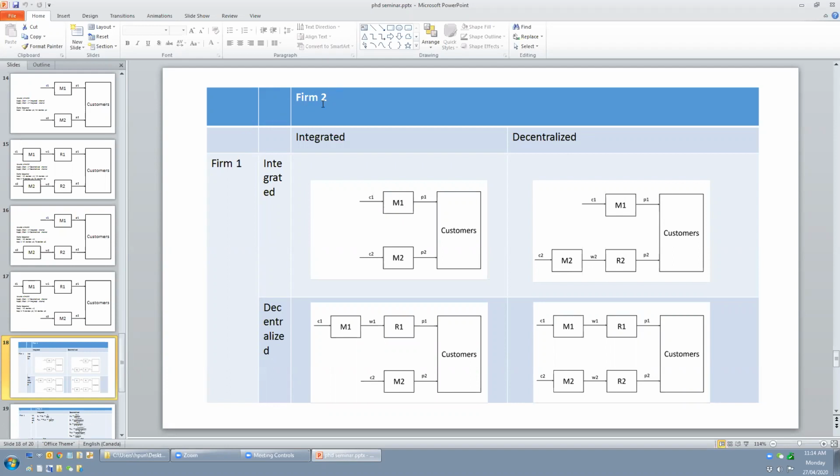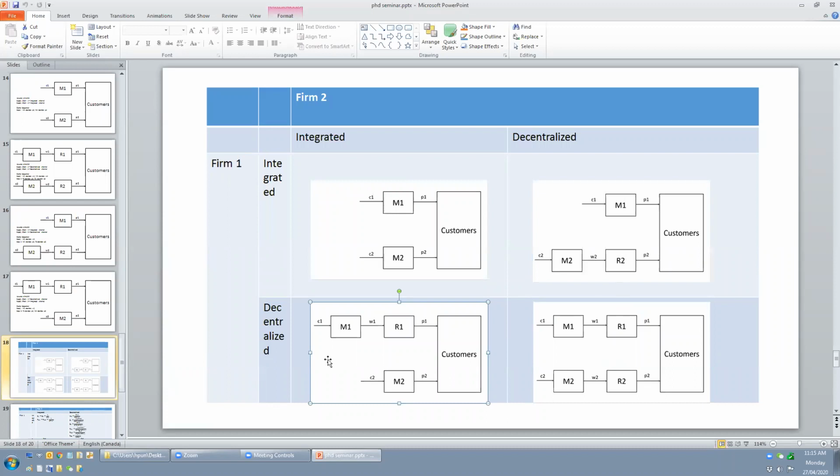So when firm 1 and firm 2 both choose integrated, we have the top left square. If firm 1 and firm 2 both choose decentralized, we have the lower right square. If firm 1 chooses integrated and firm 2 chooses decentralized, we have the top right square. While if firm 1 chooses decentralized and firm 2 chooses integrated, we have the lower left square.